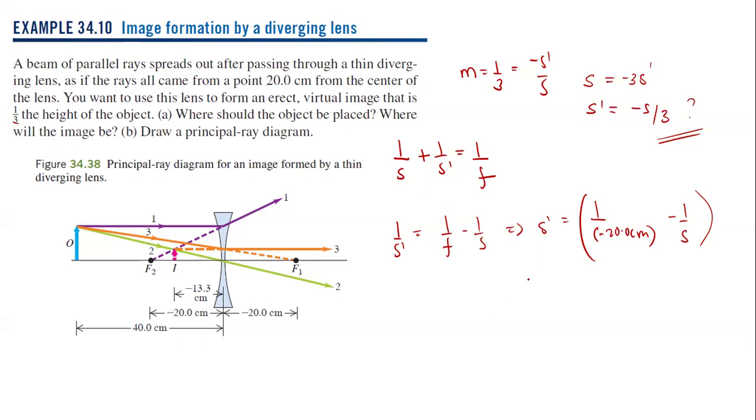What should be the image distance? This is s. Okay. So s is equal to negative 3 s prime from this equation, so we divide both sides by 3. So this is what happened.